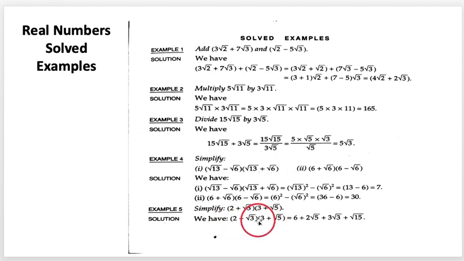So 2 into 3 is 6. Now 2 into root 5 is 2 root 5. Similarly with root 3, if I multiply, root 3 into 3 is 3 root 3. Root 3 into root 5 is root 15. Now this is our answer. Hope you understand.